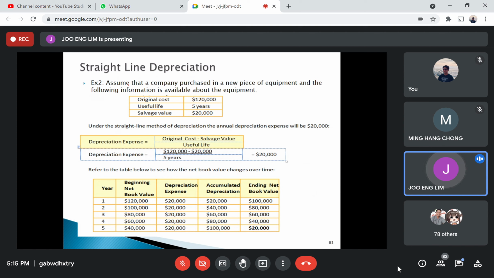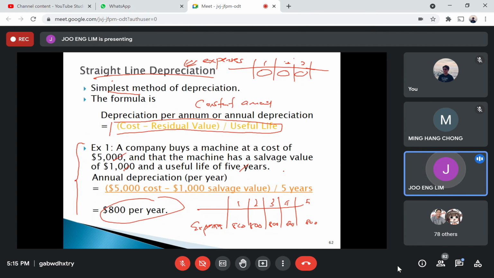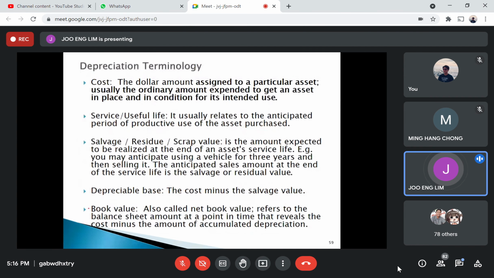Okay, another example. Assume that a company purchased a new equipment and the following information is available. So you get 20 every year. This one, I put up for you to see the ending book value. Still remember the ending book value that we explained? It is the value of an asset at a particular point of time, before the last year of usage.